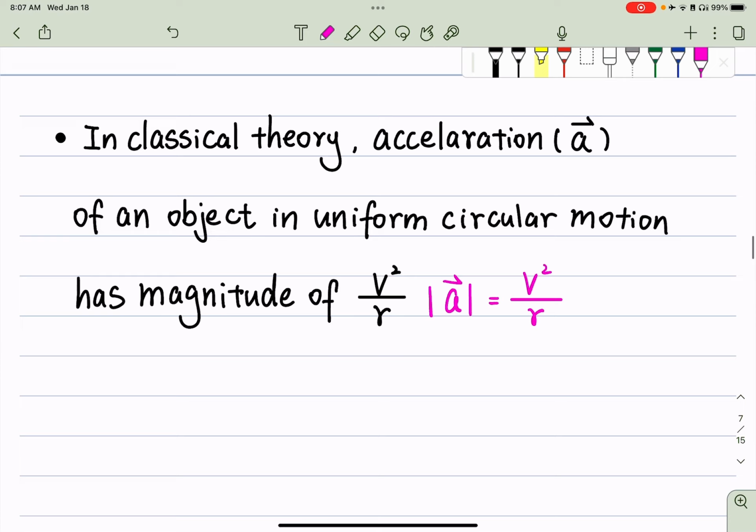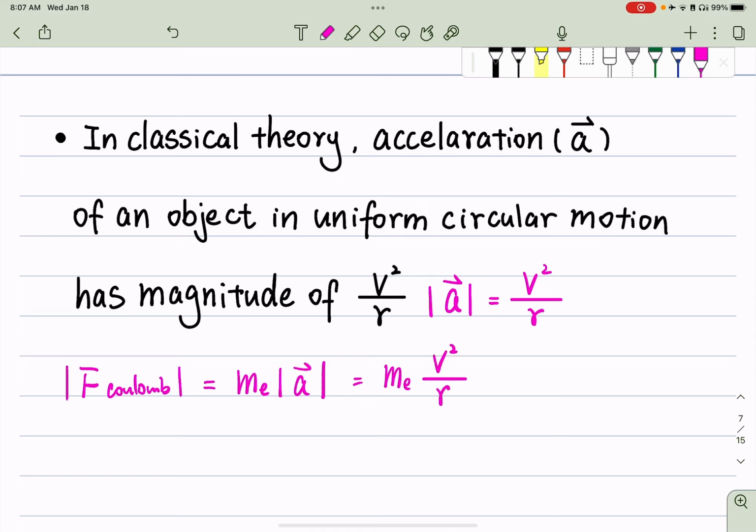Also, in force, this is from Newton's law, force equals mass times acceleration, equals m_e v squared over r.